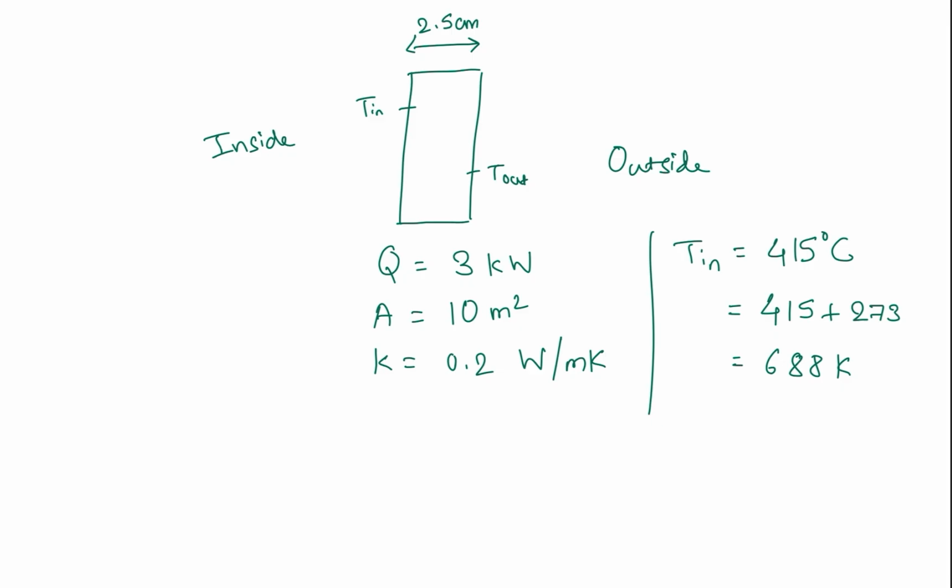And for the thickness T, it is 2.5 centimeters. If we divide it by 100, it will give us 0.025 meter. So every unit is in SI unit, so we can solve this problem now.